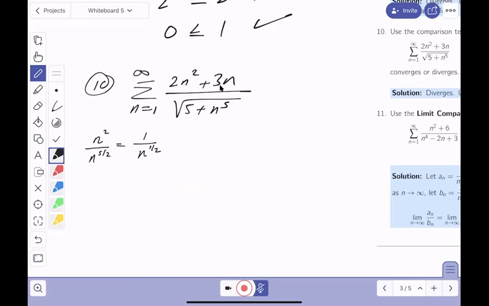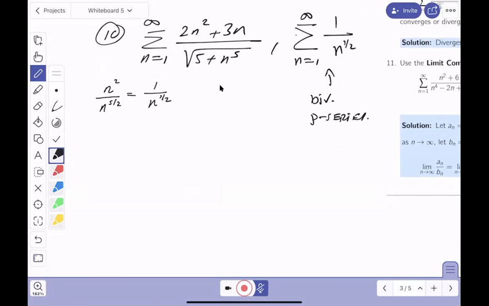So for comparison purposes, I'm going to use this. And what do I know about this? This is a divergent p-series. And what I'm going to do, I'm going to use the limit comparison test.